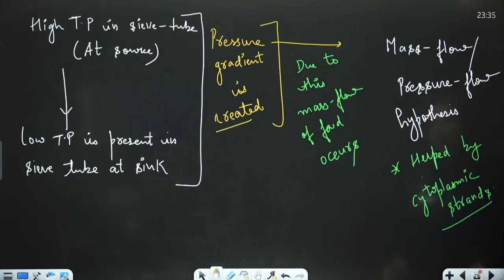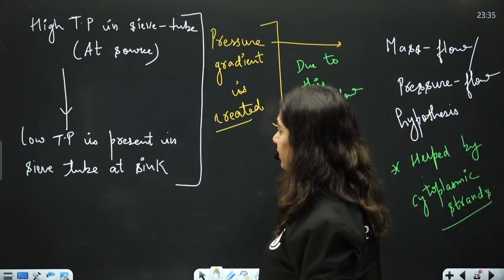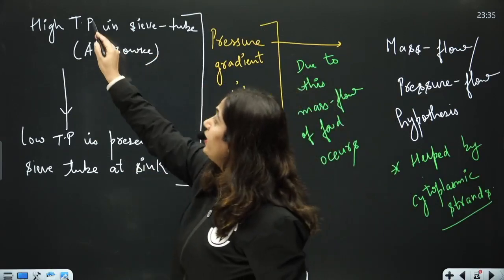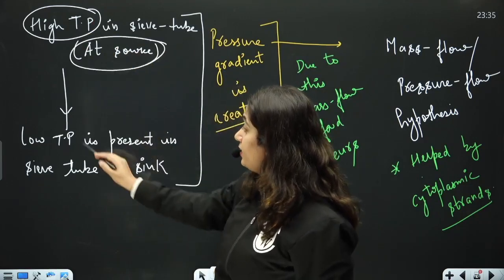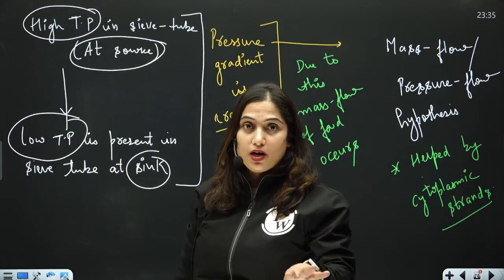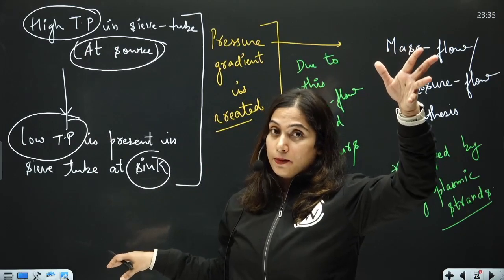Now, what is actually happening? You have created high turgor pressure at the source, and there is low turgor pressure at the sink. And right now we are taking leaf as the source and root as the sink.